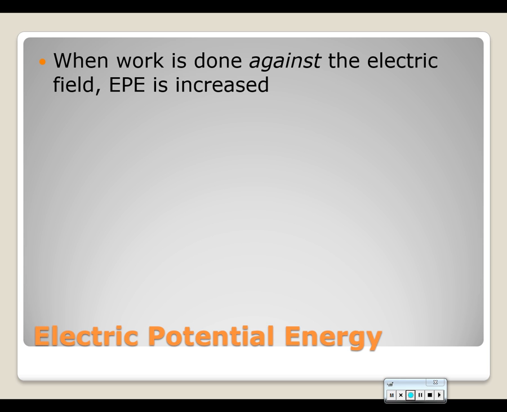Well, where do they like to be? Close, right? So if we move them away from each other, that's doing work against the electric field, right? We want to bring positives closer to positives, negatives closer to negatives, or positives away from negatives. Any of those would increase the electric potential energy.